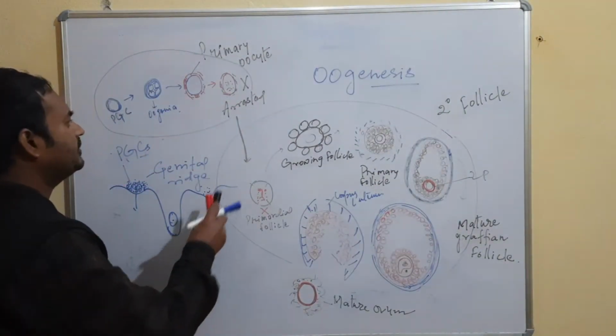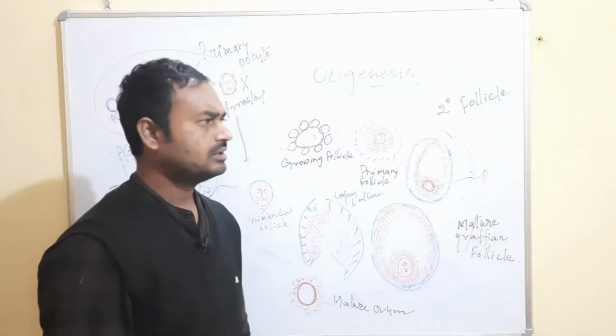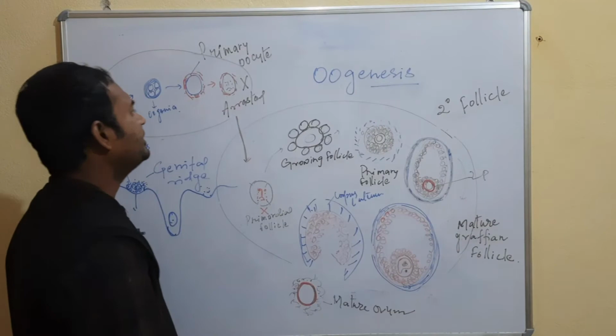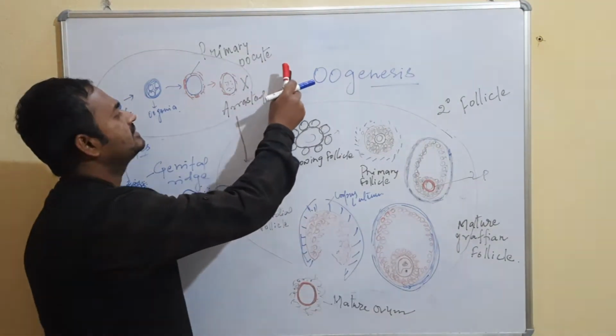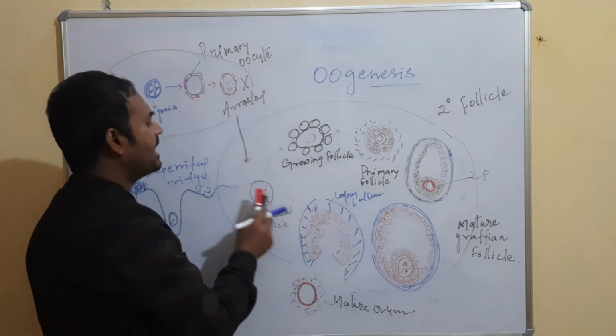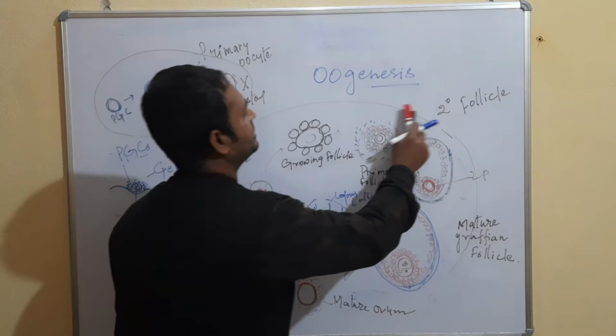This figure is divided into two parts. The first part is when the baby is inside the womb, the embryonic stage, which is the prenatal phase, and the second is the postnatal phase.